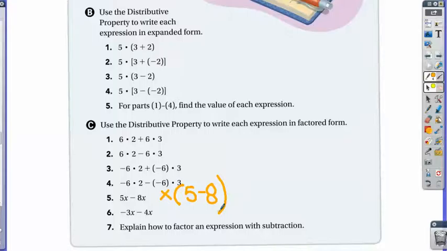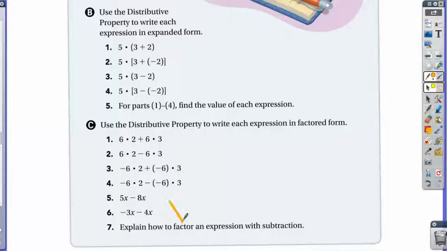Can I erase this one? Yes. All right, so for number 6, I found the variable in this case that was used twice, which was x.